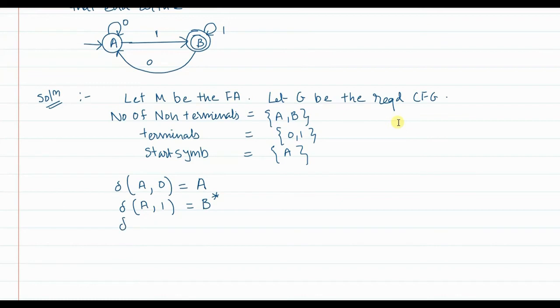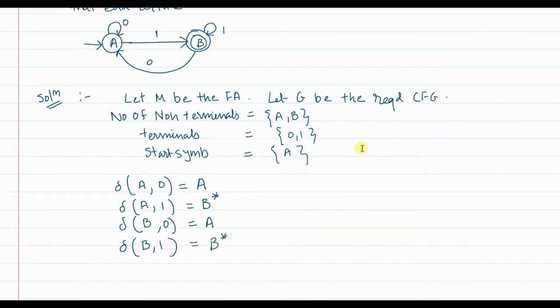Similarly, transition from state B on reading 0, where does it go? It goes to A, right?